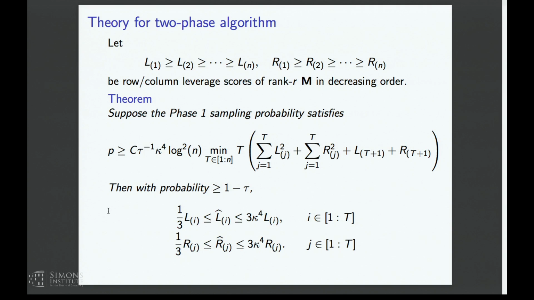Okay, so if t equals 1, then we essentially just recover the standard sample complexity from uniform sampling matrix completion.